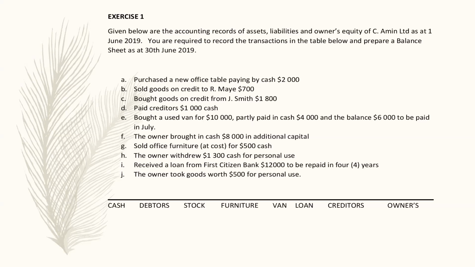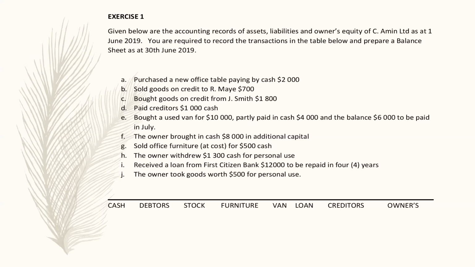Under your cash is $12,200, debtors $700, stock $600, office furniture $1,500, van $10,000, loan $12,000, creditors $6,800, and owner's equity, also known as capital, $6,200.